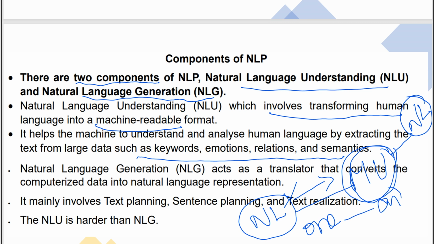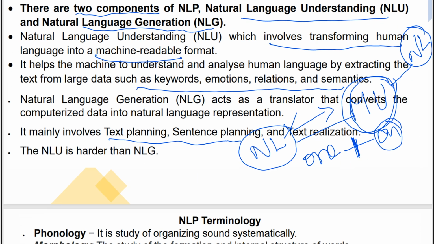While converting one language to another, in the middle the machine needs to understand what is given as input. For that purpose we use the natural language understanding component. In natural language generation, it mainly involves text planning, sentence planning, and text realization. So this is about the components of NLP.